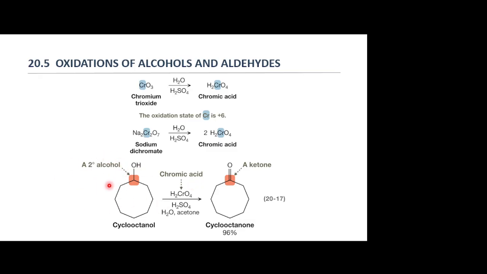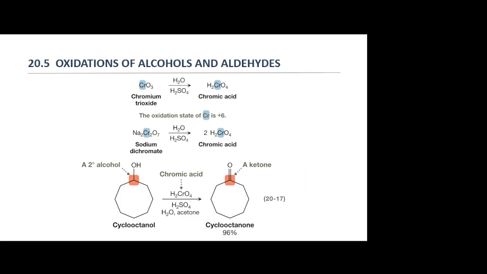So a secondary alcohol, this is going to be your cyclooctanol in this case right here. We put it with chromic acid, and this is a very powerful oxidizing agent because that chromium right here has such a large charge on it. And this is actually going to give you the ketone. It's kind of interesting because, again, right here we have this very flexible oxidizing agent.